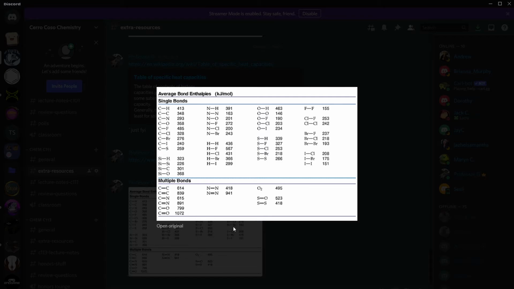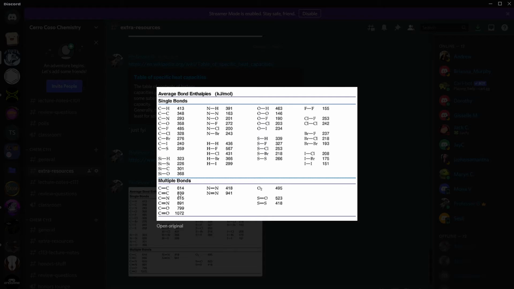And so looking at these things, we're going to be able to see how much energy is associated with either breaking or making one of these bonds. So for example, to make a hydrogen-fluorine bond, you would release 567 kilojoules per mole. If you were to break a sulfur-sulfur bond, you need to put in 266 kilojoules per mole of energy.